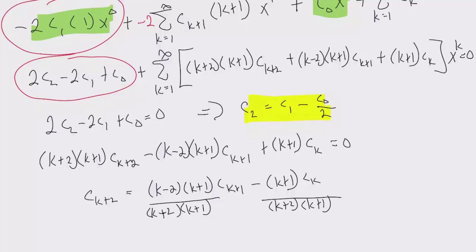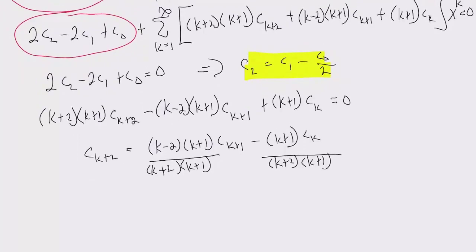And let's see, I can clean that up a little bit because they both have a k plus 1 in them. So that's going to give me k minus 2 over k plus 2 c sub k plus 1 minus 1 over k plus 2 c sub k.